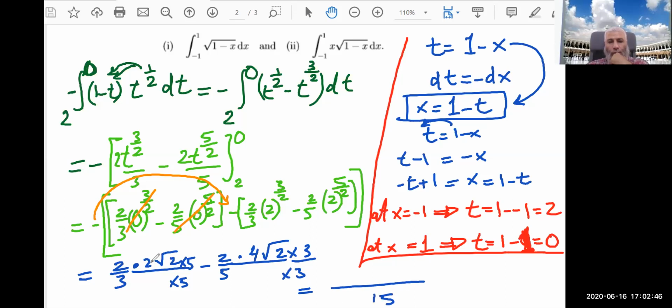This will be 2 times 2 is 4, multiplied by 5 is 20 root 2, minus 2 multiplied by 4 is 8, multiplied by 3 is 24 root 2. So this is minus 4 root 2 over 15.